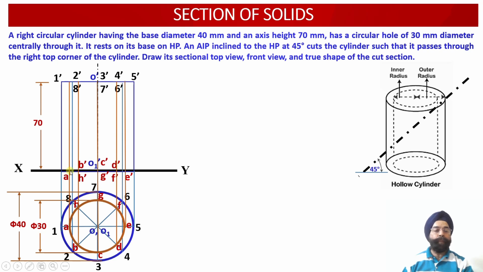So now on the bottom face we have marked the 8 points corresponding to the hollow section, whereas on the top face we have marked 8 points corresponding to the outer portion of the cylinder over here.